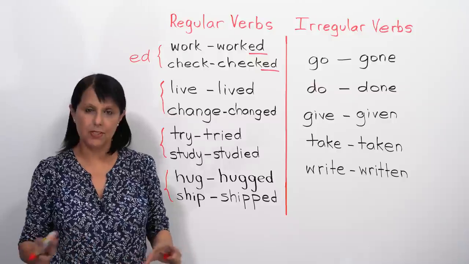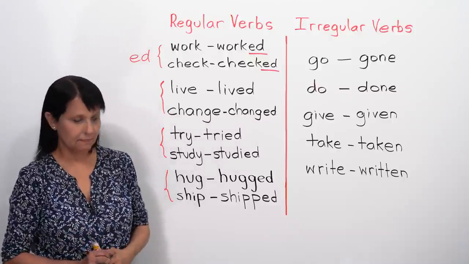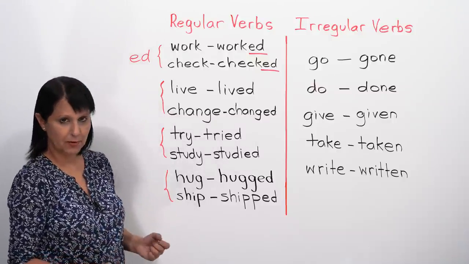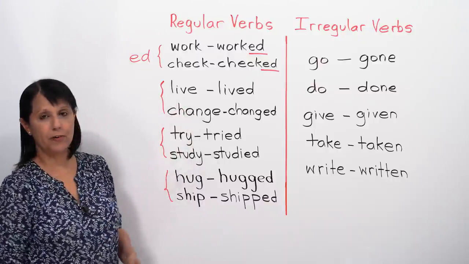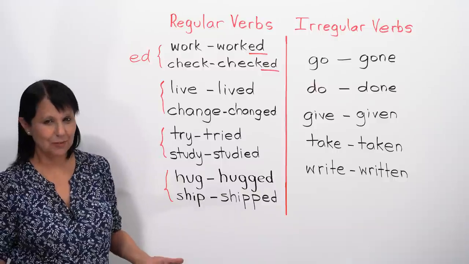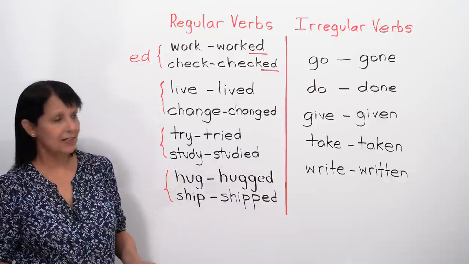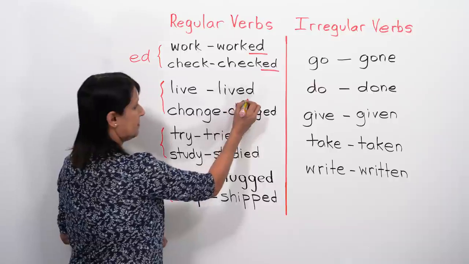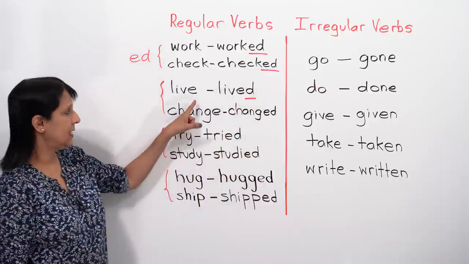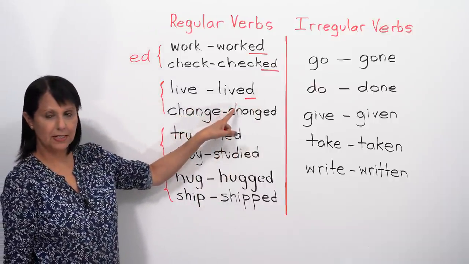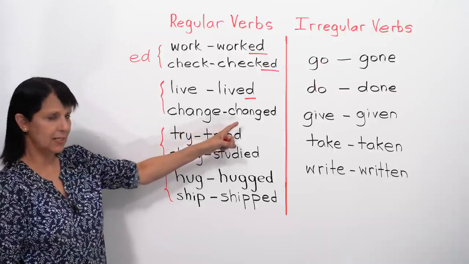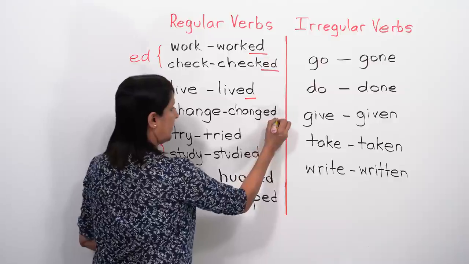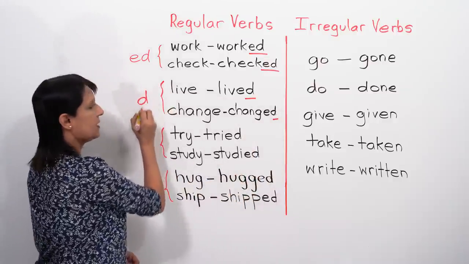So most verbs, we just add an ed. With some verbs, however, we need to make other changes. If the verb already ends with an e, then we don't need to add ed. We just add d. For example, live becomes lived. Change becomes changed. All right? So all we added there was just a d.